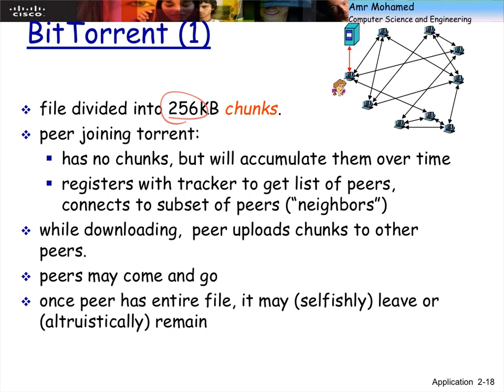While downloading, a peer uploads chunks to other peers, and at the same time it downloads chunks from other peers. Once a peer has the entire file content, now I can selfishly exit the group. You are allowed, no problem.